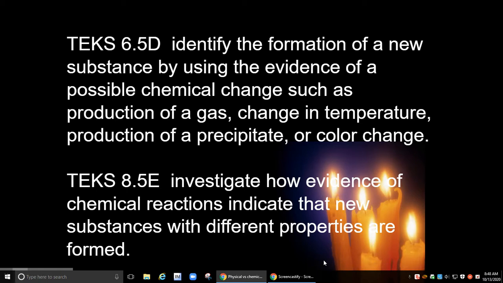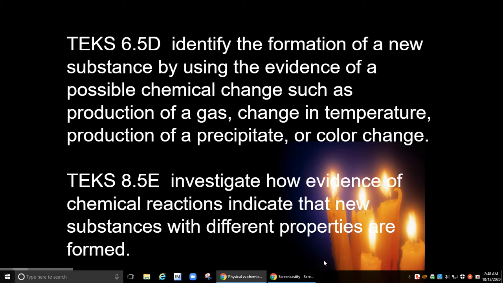So if they pull one fingerprint and they match it to somebody else, they can't just use that one little piece of evidence to say that that person is guilty, right? So, same thing with chemical reactions. We cannot just take one piece of evidence to say that a chemical reaction occurred.